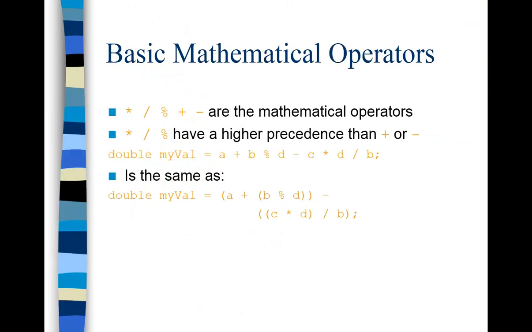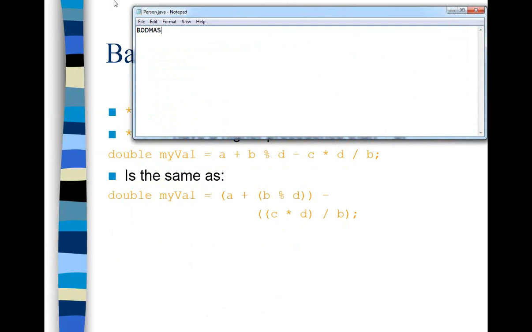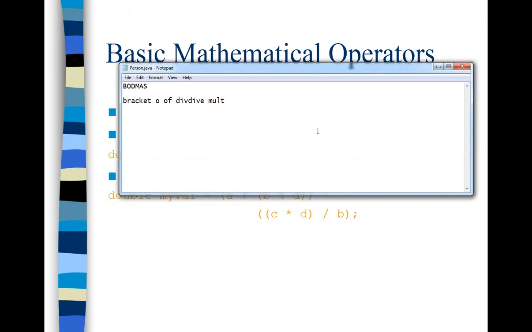Do you know about BODMAS? In mathematics, you might have heard of this term called BODMAS. In BODMAS, B stands for bracket, O for of, D for divide, M for multiply, then addition and subtraction.